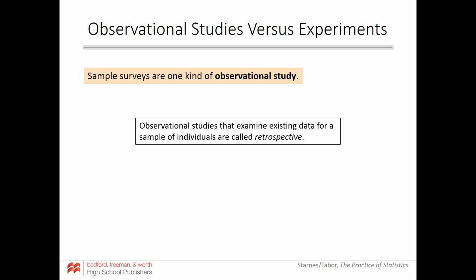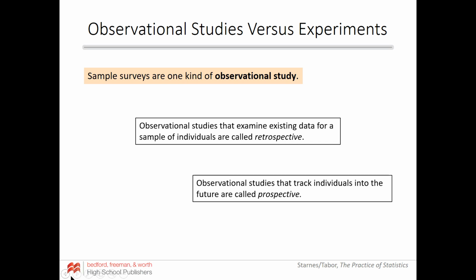If I want to know about the exposure to that radiation and the effects of that, I'm not going to purposely give people that radiation. So we come to our conclusions and analyze that data based upon something that has already happened. So that's retrospective.